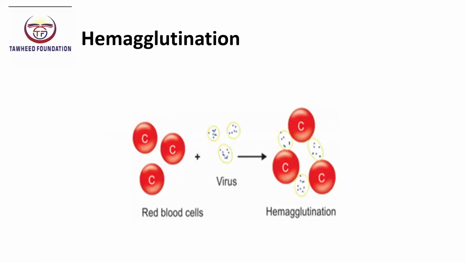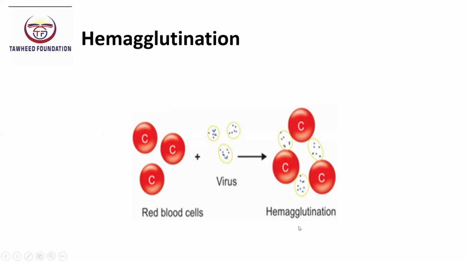So, this diagram shows viral hemagglutination, HA, which is a method used to detect viruses that can bind to and agglutinate red blood cells, that is RBCs, such as influenza virus. So the principle is simple. Certain viruses have surface proteins called hemagglutinins that can attach to receptors on red blood cells.